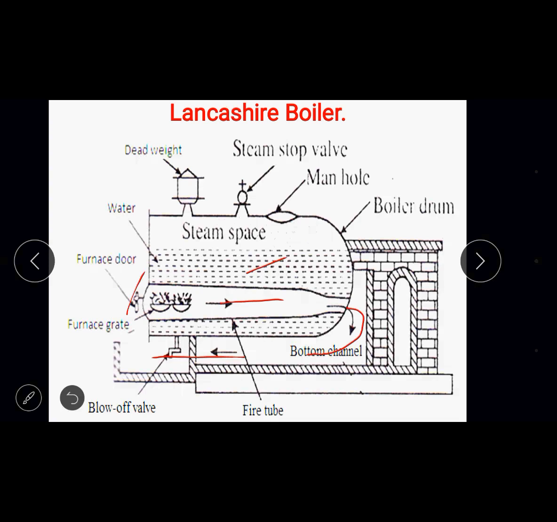With the passage of heat energy from the hot gases to the fire tube and from the fire tube to the water, the water gets heated. Once it reaches the saturation temperature, dry saturated steam formation takes place. This is only the 20% modification you have to remember. All other things remain similar to those of the Babcock and Wilcox boiler.